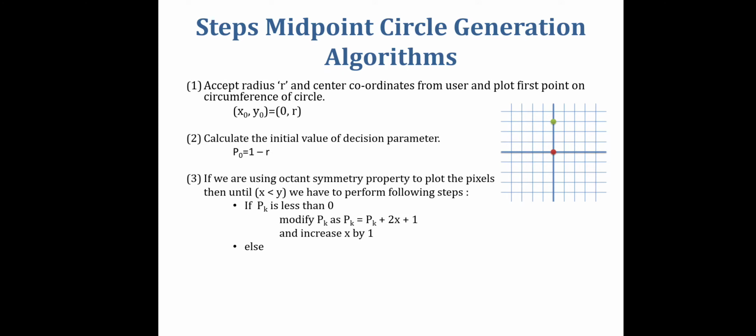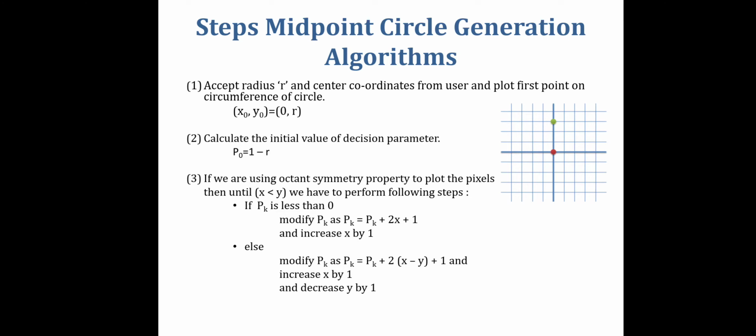So which pixel are you selecting? The next pixel, right. Else, you are modifying pk = pk + 2(x - y) + 1, and in that case you are incrementing x by 1 and decrementing y by 1. So in that case which pixel are you selecting? A down pixel, not an up pixel. Whenever x and y both change, you are selecting a down pixel.